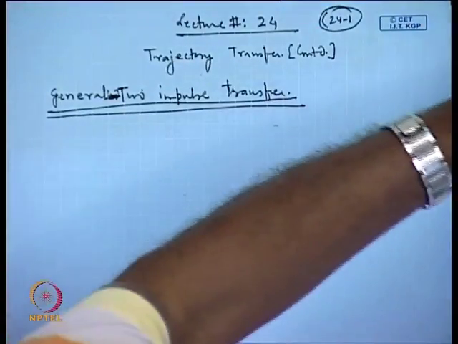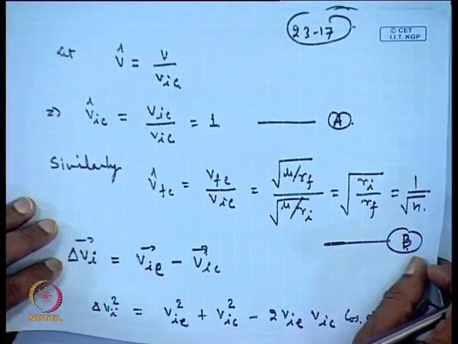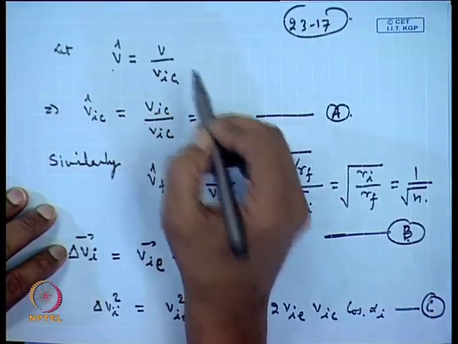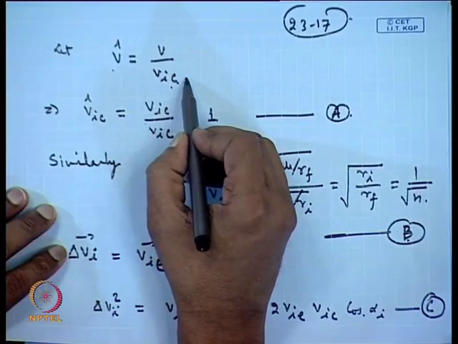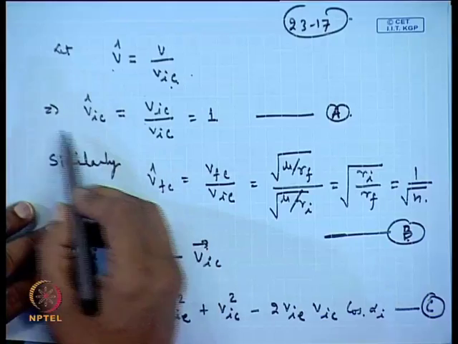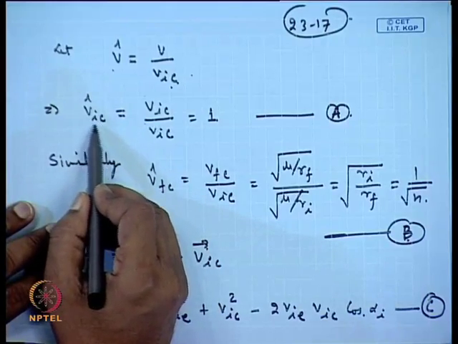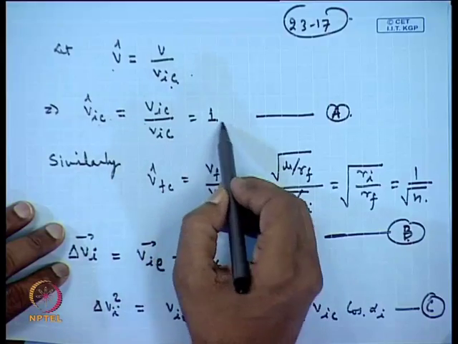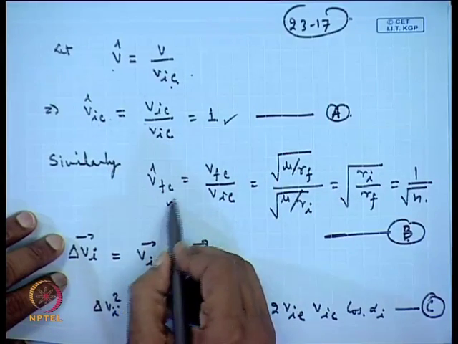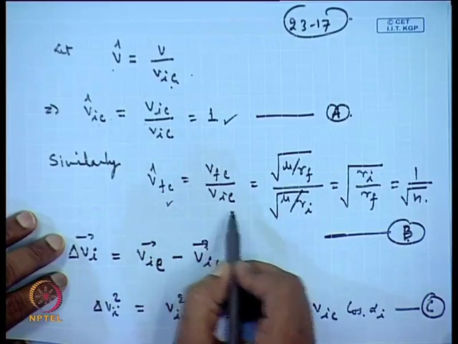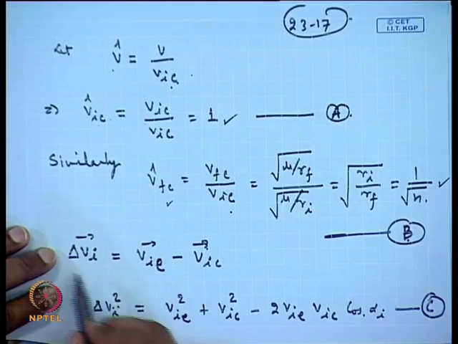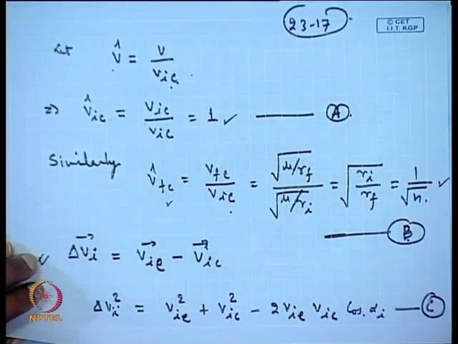After completing this, we assumed quantities like V cap equal to V by V_IC, where V_IC is the velocity in the initial circular orbit. So, this implies V_IC cap is given by V_IC divided by V_IC, equal to 1, and similarly V_FC cap will be V_FC by V_IC. So, this is 1 by root n. Now, therefore, delta V_i can be calculated.